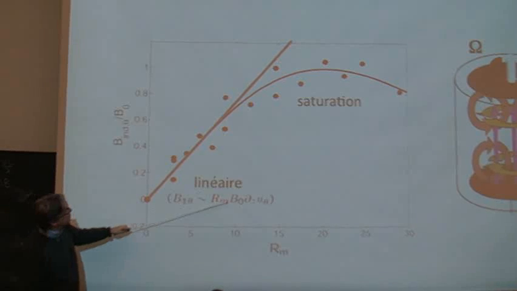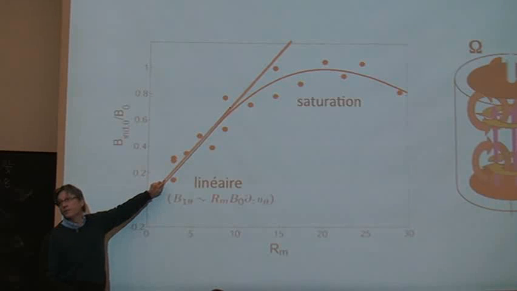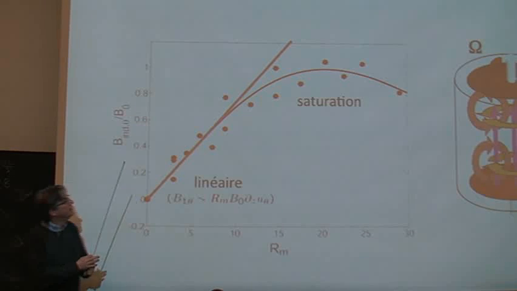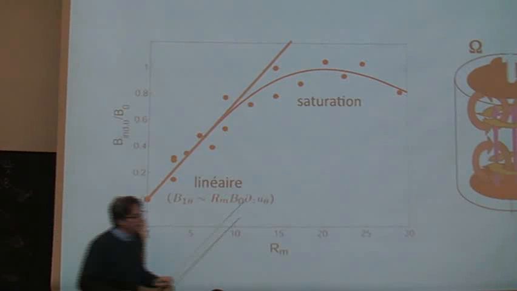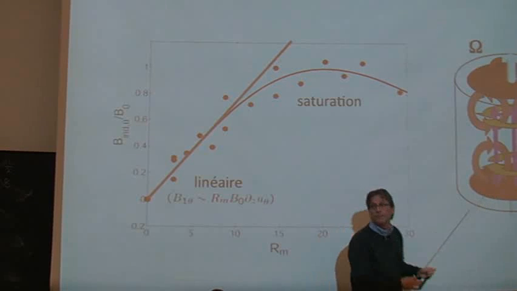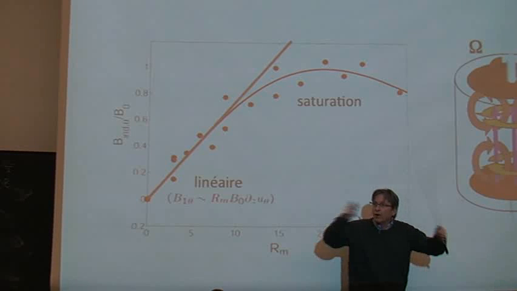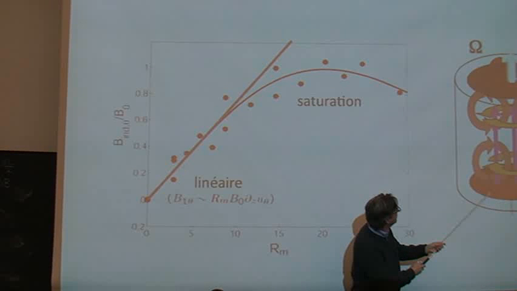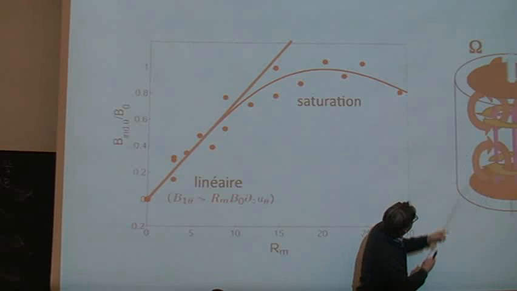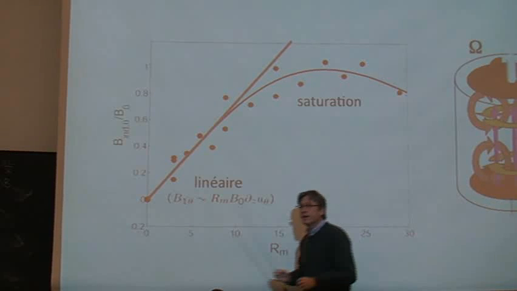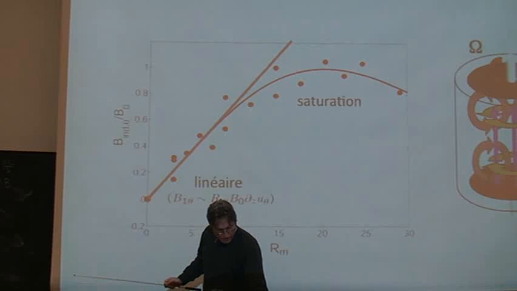The Rm that we compute here is the one given by the slope. And the saturation here is the mechanism you described yesterday. You try to push a field through those loops here, those toroidal loops of flow, and they'll be expelled. They'll tend to go away, and that's why you saturate.